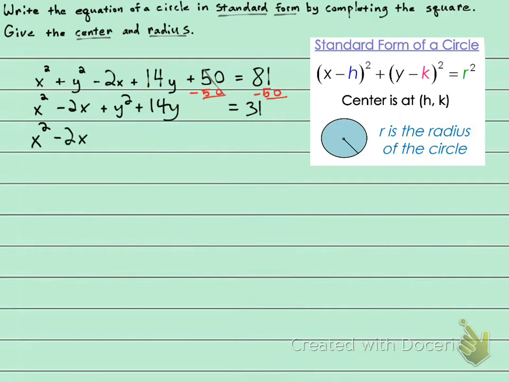Completing the square, I'm going to have to add this perfect number, which is going to give me a square for the x's, a binomial squared, plus y squared plus 14y. And I'm going to have to add this perfect number.